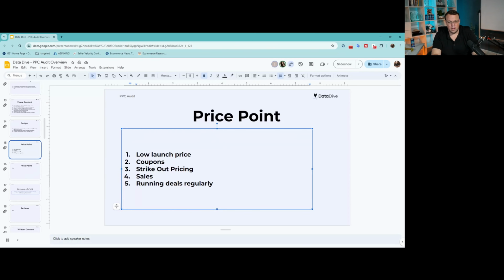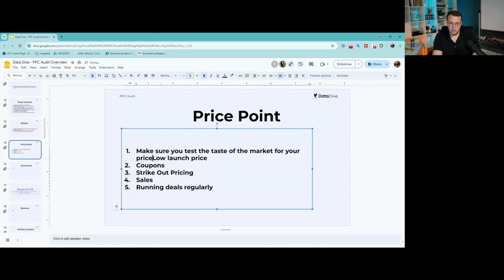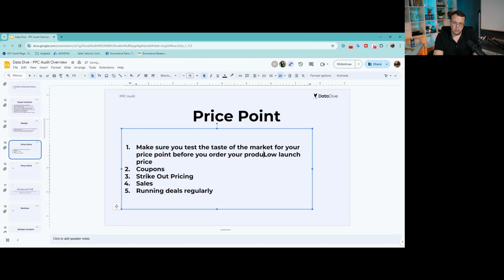So what I'm going to say here, make sure you test. If you don't test your proposed price point before you even launch the product, you have a huge risk there.